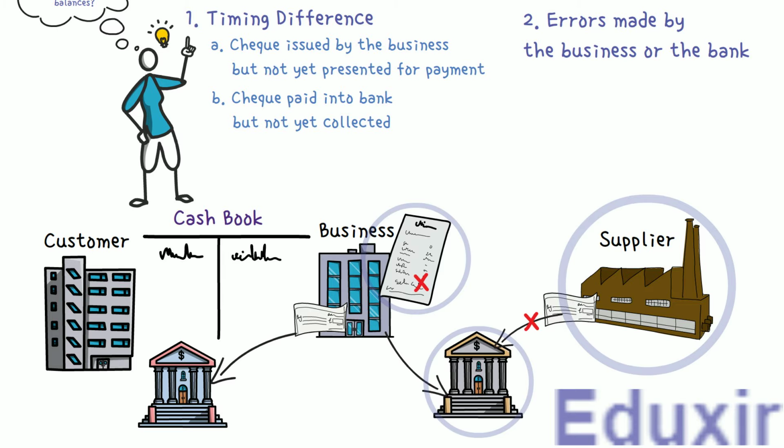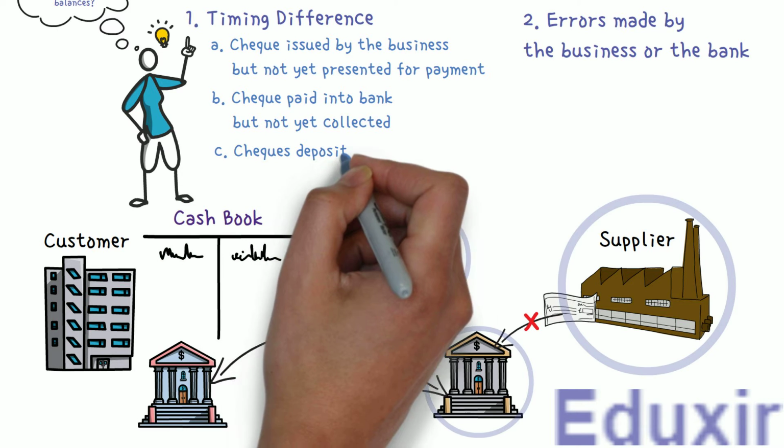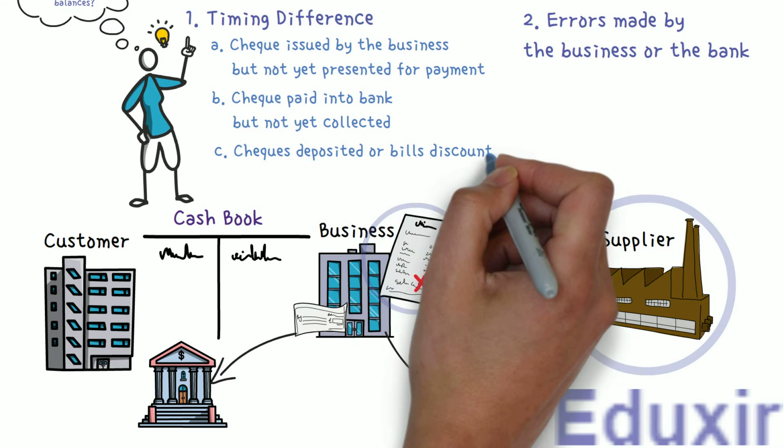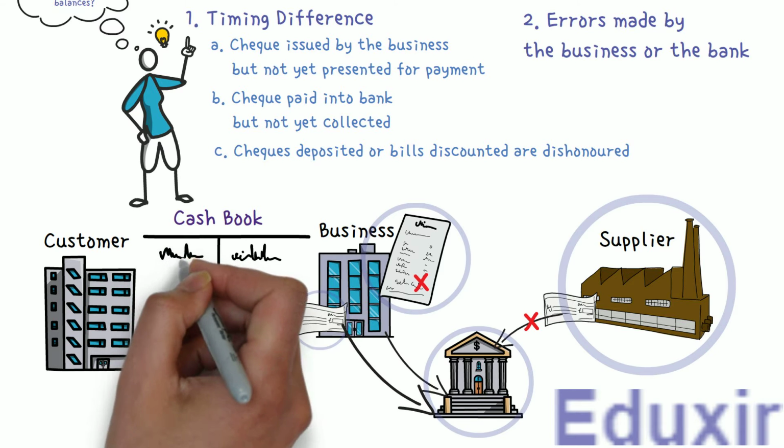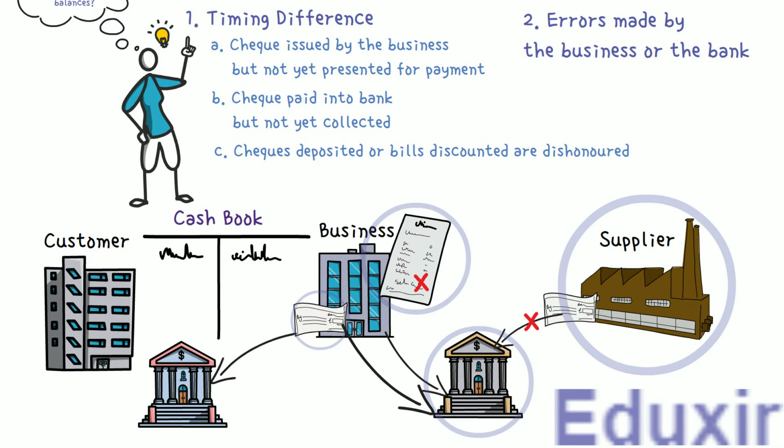The next reason is checks deposited or bills discounted or dishonoured. When the check is received by the business, it deposits this check in the bank and debits this check amount in the bank column of the cash book. In some cases, this check will be dishonoured and the amount is debited in the bank passbook. Due to the timing difference, the business does not know about the check being dishonoured.